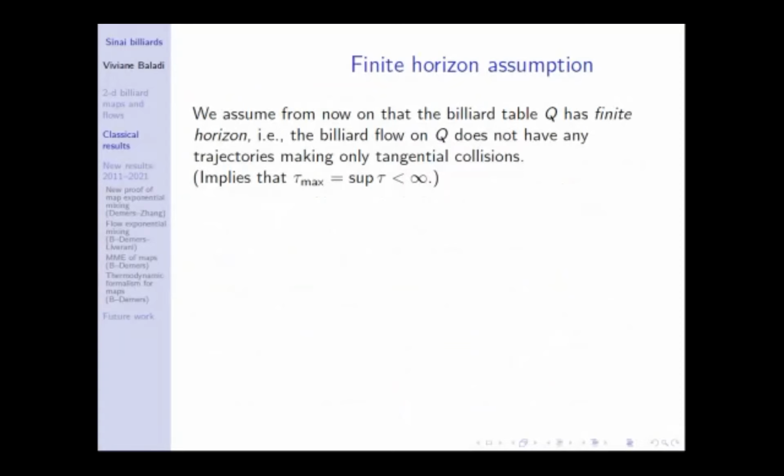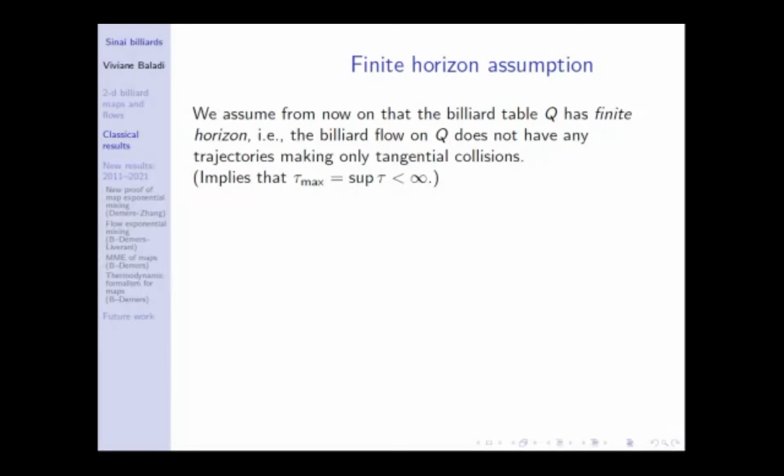And from now on, I need to make a stronger assumption, which was satisfied in the two pictures which you saw, which basically is that there are no trajectories which do not meet any repeller. And more precisely, we even want to exclude the possibility of having a trajectory which just grazes one or several obstacles along its way.